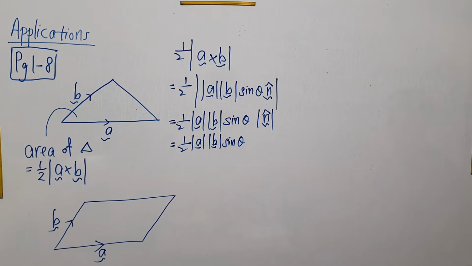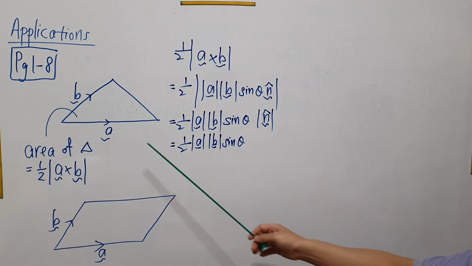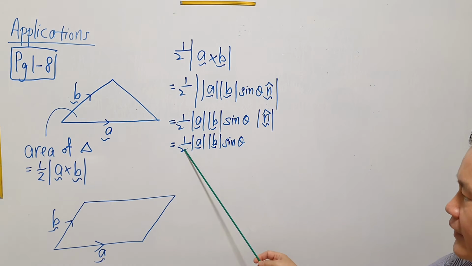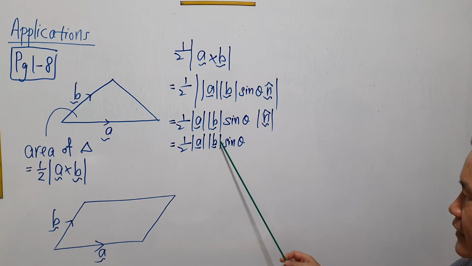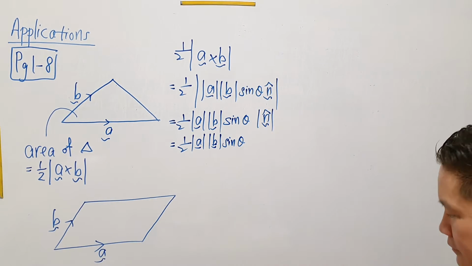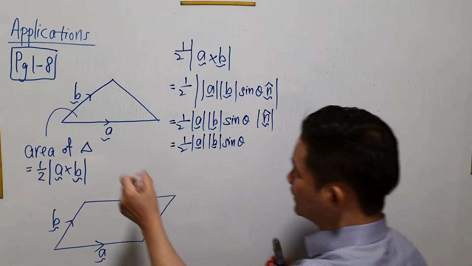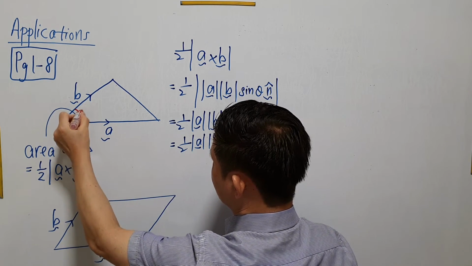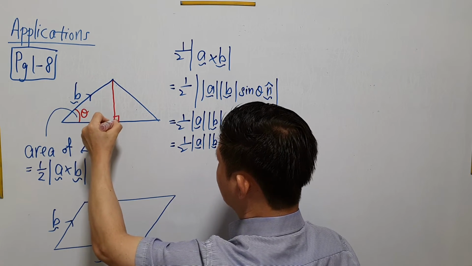And this is actually the formula that you have learned in earlier years, that the area of a triangle is half the length of one side times the length of the other side times sine of the angle in between them. And why should this formula work that you've learned in lower years? Because if you look at this diagram carefully, this angle is theta, and this is actually the height of the triangle.